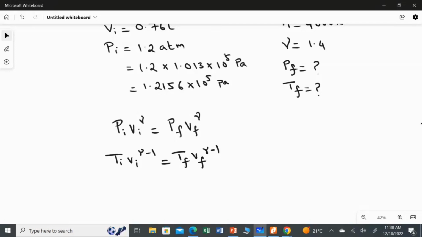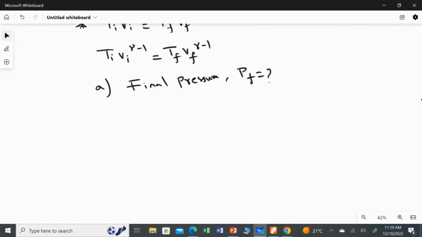So let's start one by one. First of all, I am going to find the final pressure by using this relation. For that, I have to use the given values. Clear? Okay, let's start. So the final pressure, Pf, we are going to find by using this relation. First, I'm going to write the equation here one more time. Pi Vi to the gamma equals Pf Vf to the gamma.